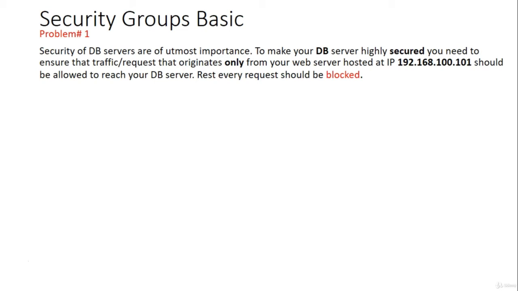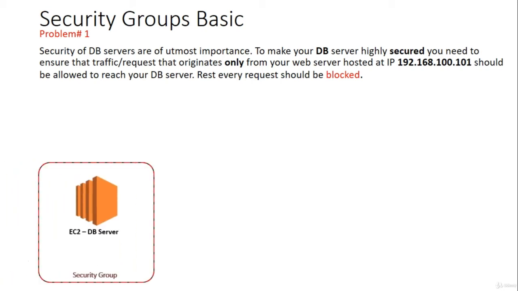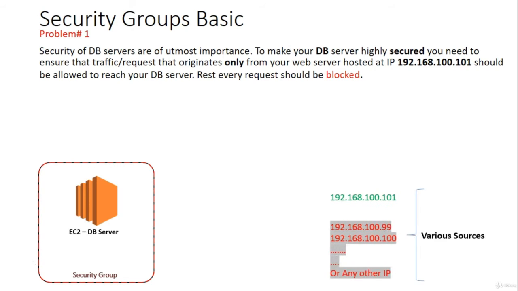So here you have a database server along with the security group. Now you need to configure your security group in such a way that only one IP should be allowed. Here are your various sources. You can see only one is green over here, that is .101. Everything else should be blocked.